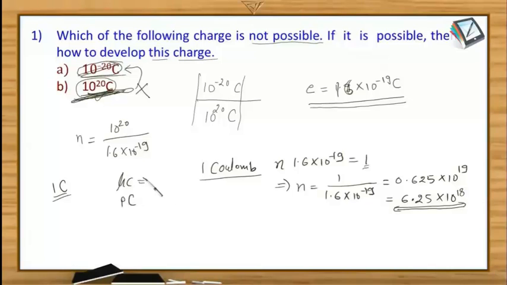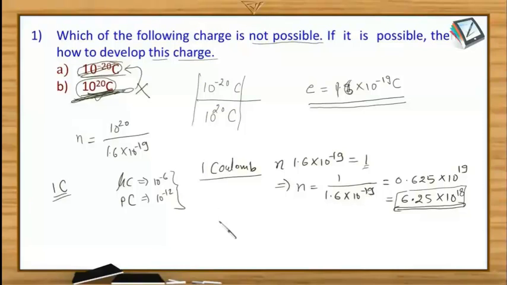Micro means 10 raised to the power minus 6. Pico means 10 raised to the power minus 12. So such units of charges are normally used because coulomb is a very big unit of charge. That you can infer that 6.25 into 10 to the power 18 electrons are needed to be removed or added to a body to generate a charge of 1 coulomb.